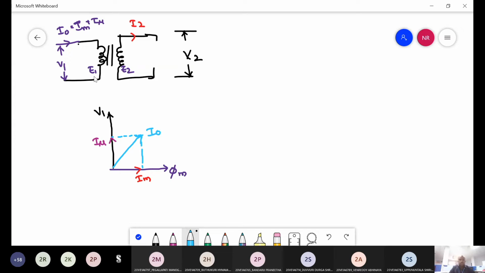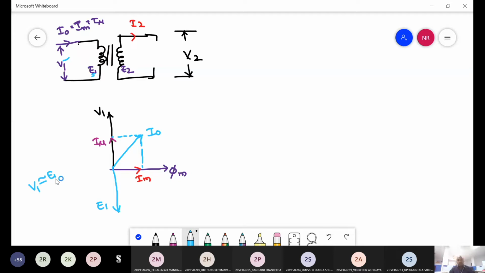Then your induced EMF is always equal and opposite to the supply voltage according to Lenz's law. Your induced EMF is always equal and opposite. So here it is E1, right? If the losses are negligible, V1 is almost equal to E1.